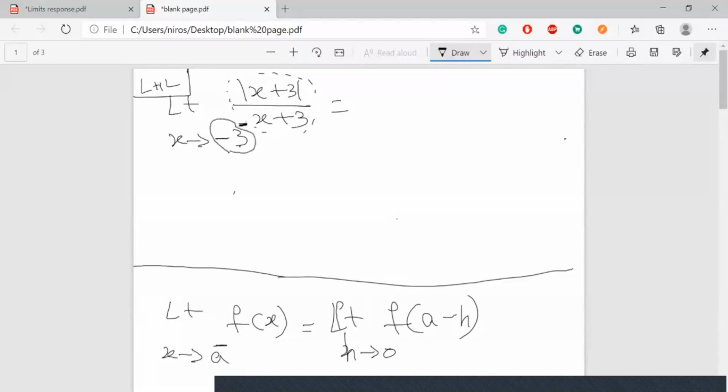So the limit as h tends to 0 of modulus of, instead of x we substitute minus 3 minus h, plus 3, divided by minus 3 minus h plus 3.